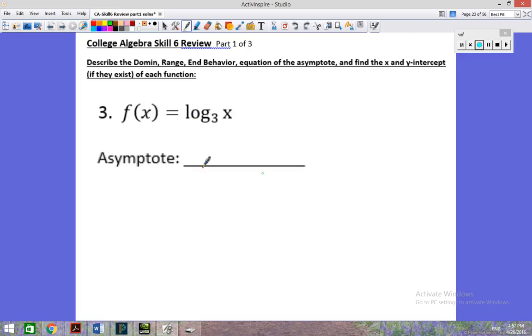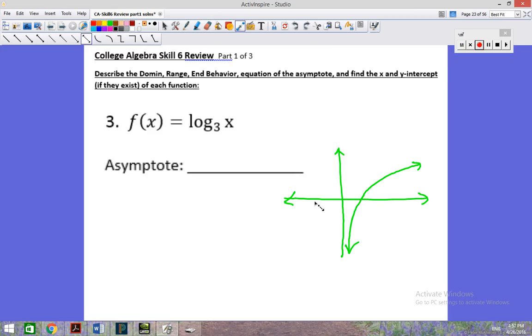Alright, the asymptote. Well, we were just talking about that. Again, if we think about this logarithm, where exponential functions had a horizontal asymptote, these log functions will have a vertical asymptote.